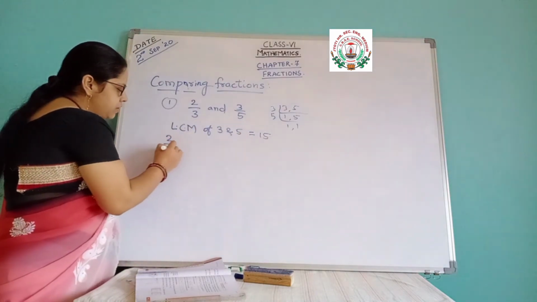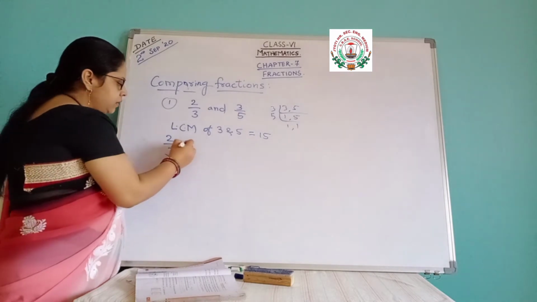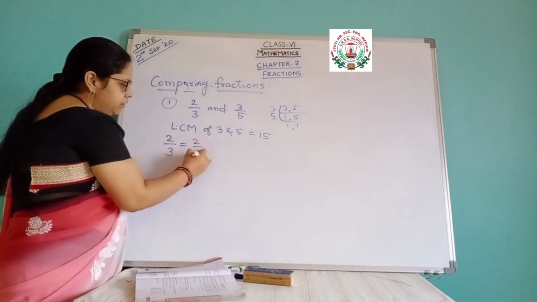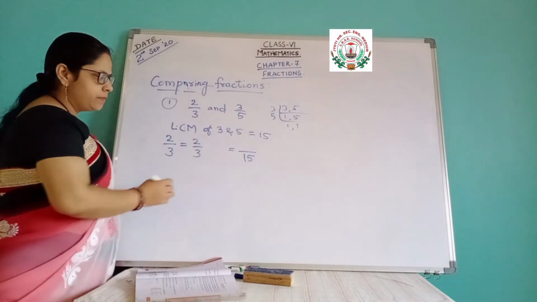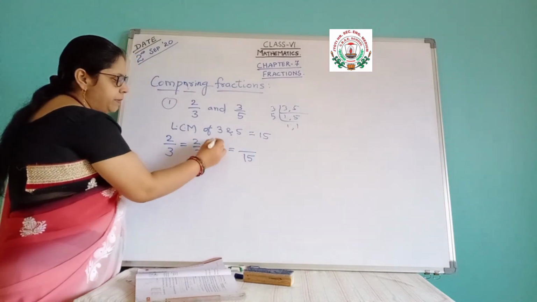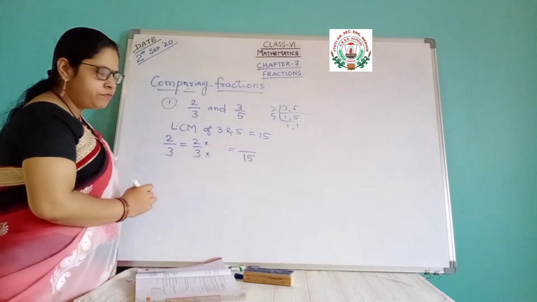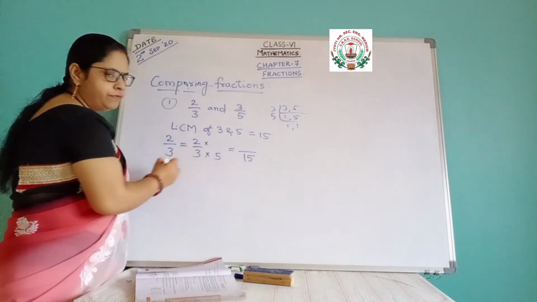Now the first number, 2 by 3. You have to make the denominator equal to the LCM. How much do you have to multiply so that it becomes 15? 3 into 5 is 15.